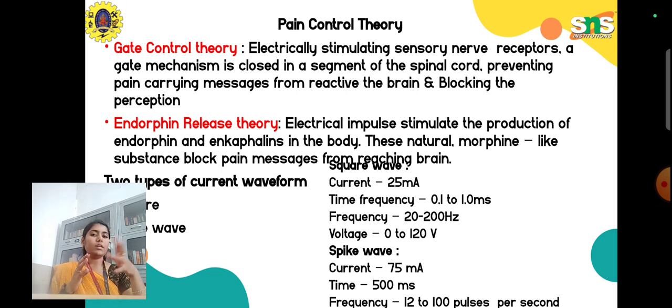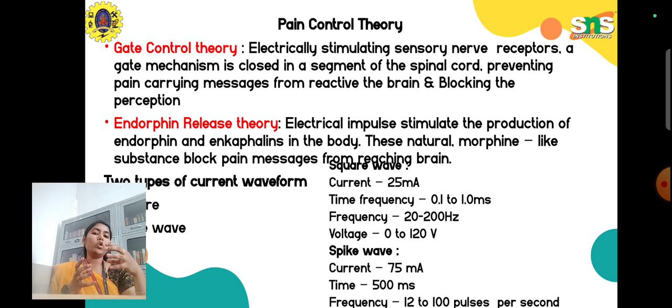The second one is the endorphin release theory. Here you make stimulation in order to produce more endorphin hormones, a kind of happy hormone. These naturally produced hormones block the pain messages from reaching the brain. By doing this kind of stimulation, the endorphins are produced in greater number.